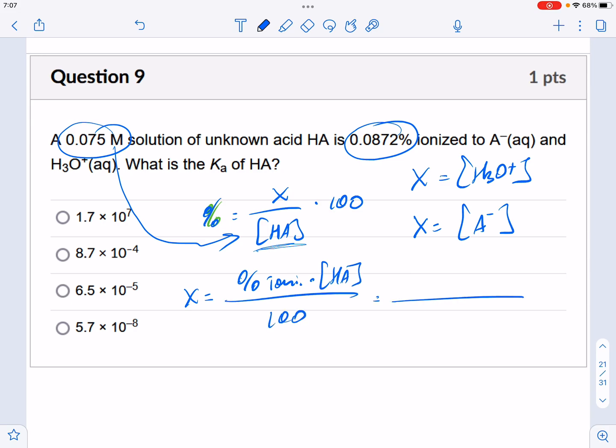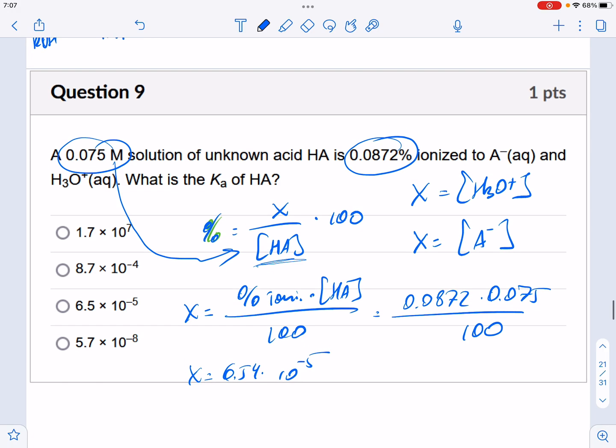So this is equal to 0.0872 times 0.075 divided by 100. So X here is equal to 6.54 times 10 to the negative 5.